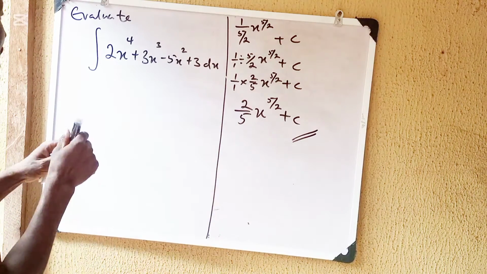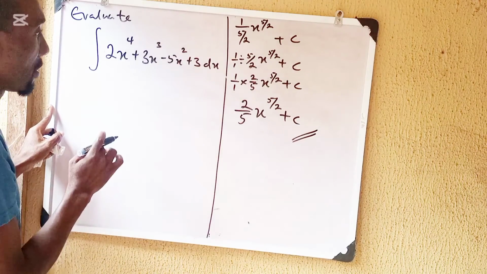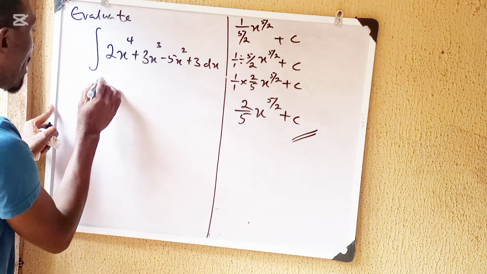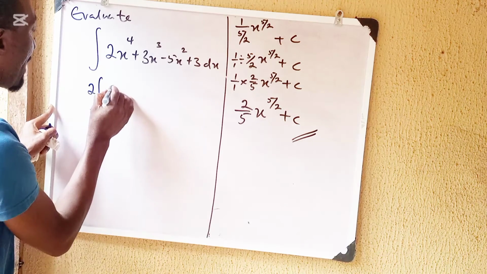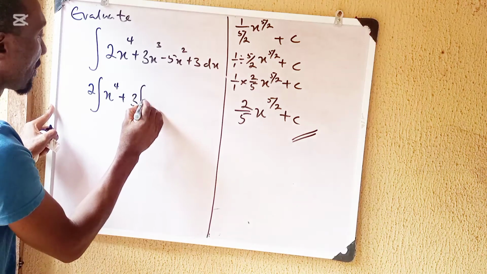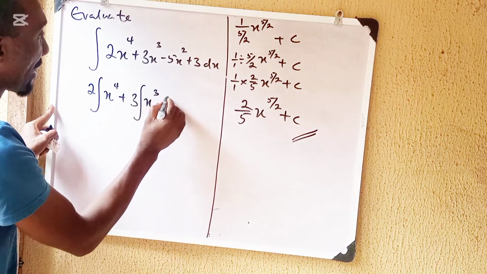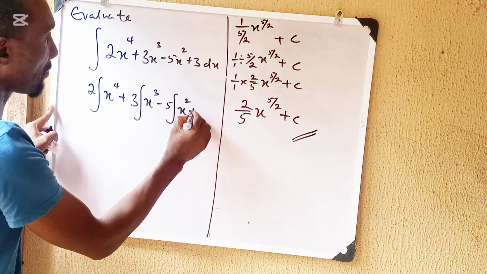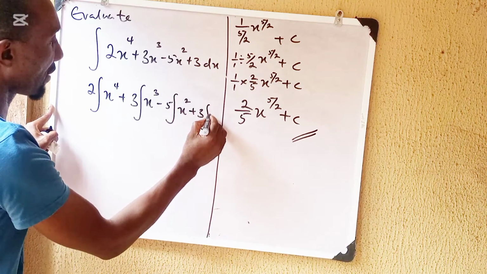So with this, I can go ahead to do the same thing I did before, which is bringing 2 outside, the integration of x to the power of 4, plus bringing 3 outside, the integration of x to the power of 3, minus bringing 5 outside, the integration of x squared, then plus 3, the integration of x to the power of 0.